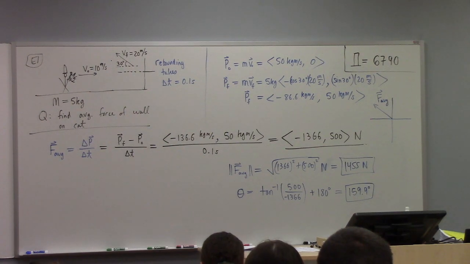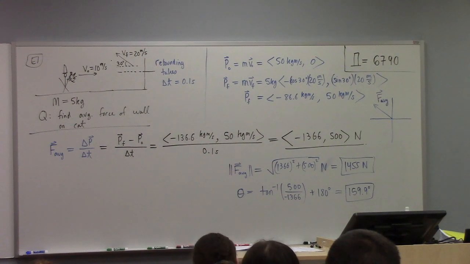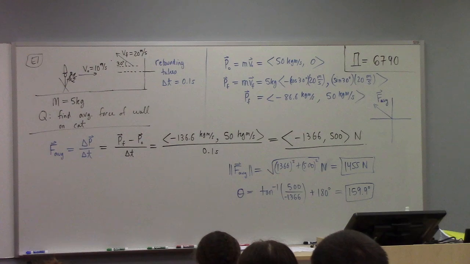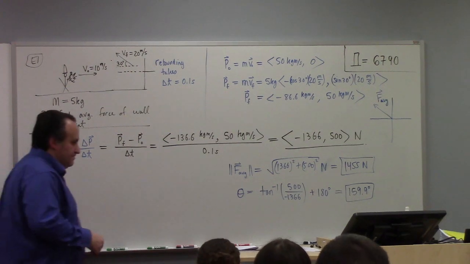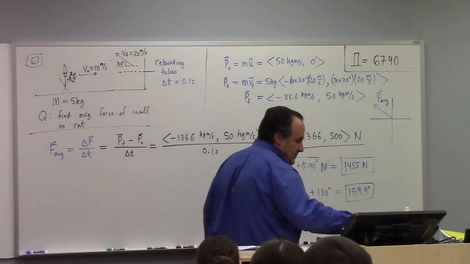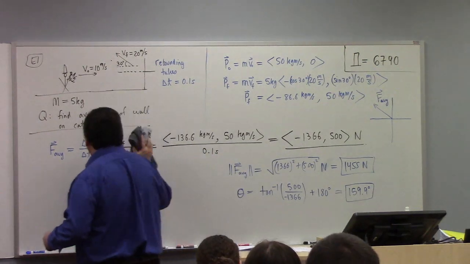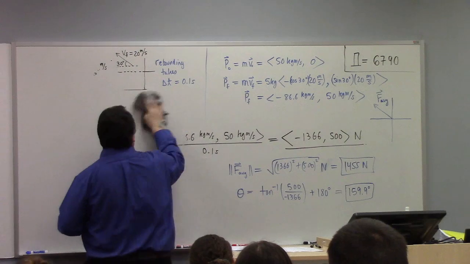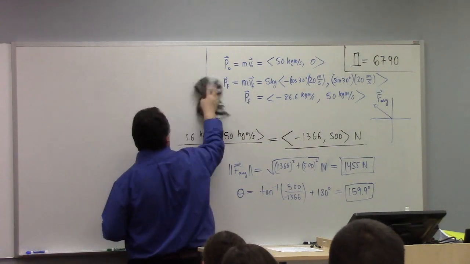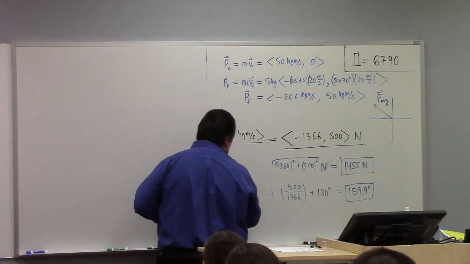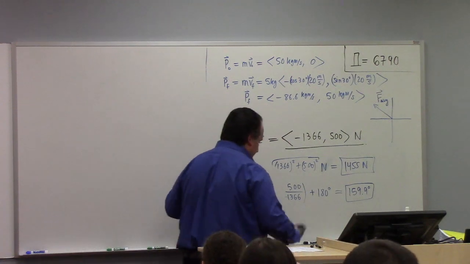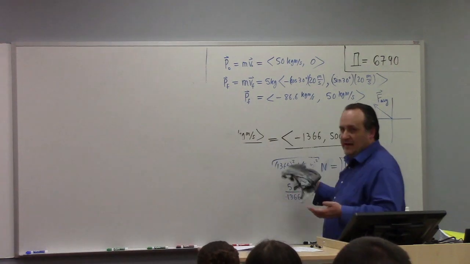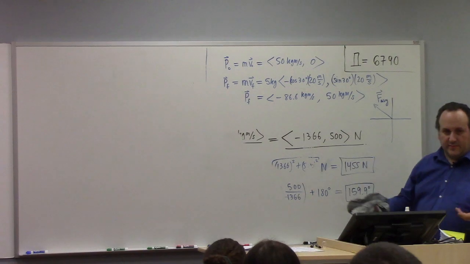Suppose you have a mass and you double its velocity. How would you compare the momentum before and after? If we double the velocity, we've doubled the momentum, right? Because momentum is just mass times velocity.